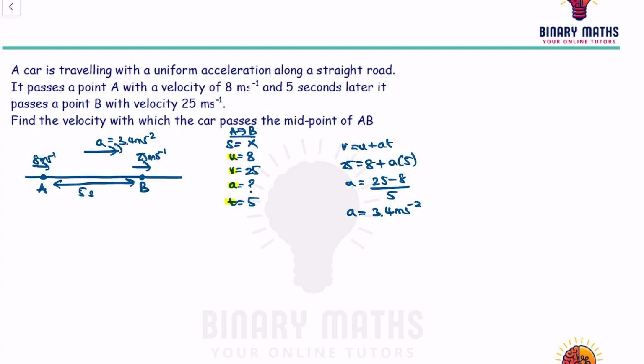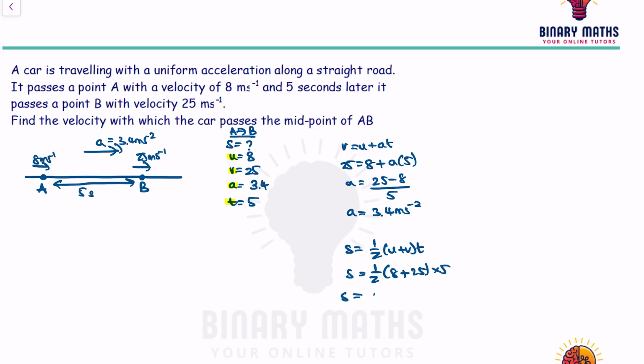Now we need to find the displacement of the whole journey, so how much distance from A to B. We can use the same SUVAT setup because it's still the journey from A to B. We have a range of formulas we can use, so we'll use half of u plus v times t. S will be equal to half of 8 plus 25 times 5.